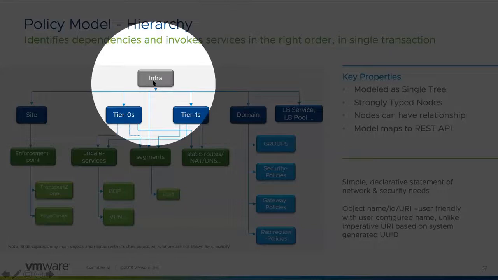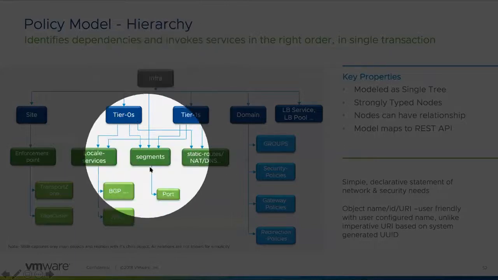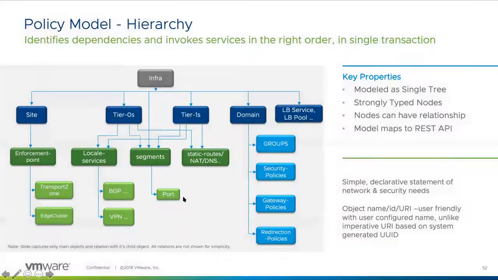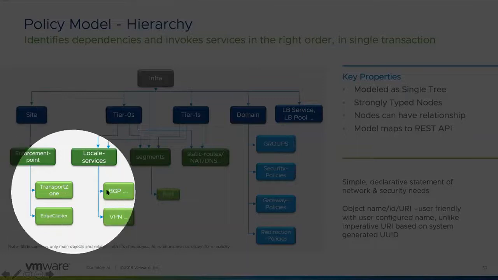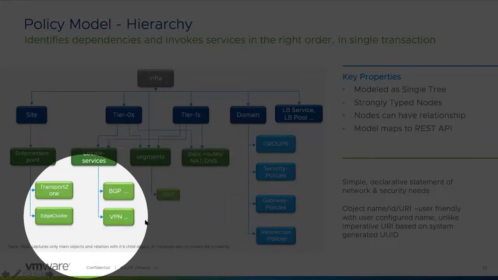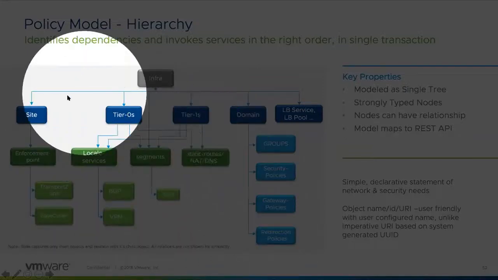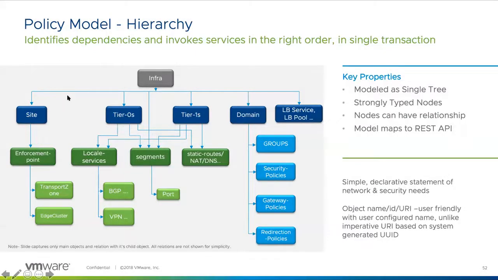If you want to run a call for a specific port, you run it off of infra segments port. There are also lateral connections here that aren't shown, but each one of these things is relative to itself and its neighbor. It's really trying to simplify the overall way that you map out your API policies.